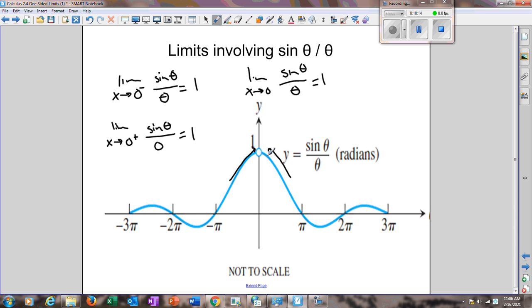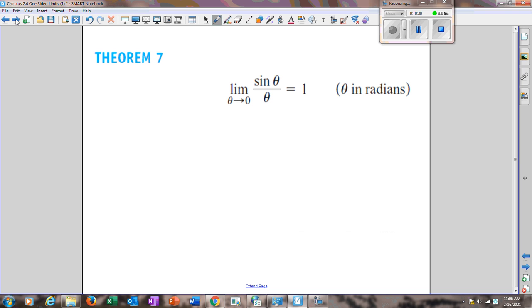As I came from the right, the y's got closer and closer to 1, as x got closer and closer to 0. And so this limit of the whole thing is 1. Which is theorem 7. Theorem 7 says the limit as theta approaches 0 of sine theta over theta equals 1. And it just makes sure to tell you that theta has to be in radians.